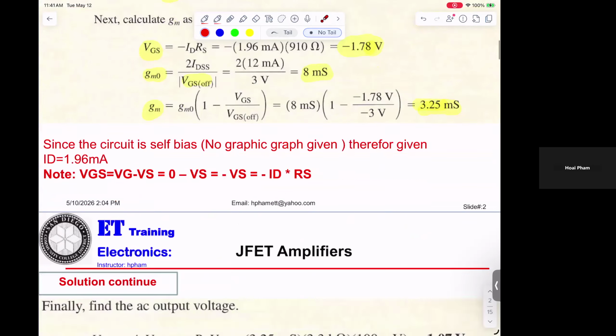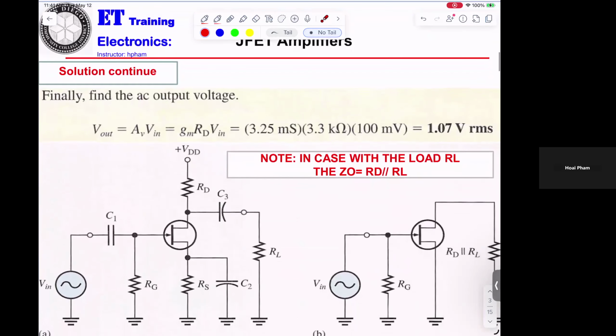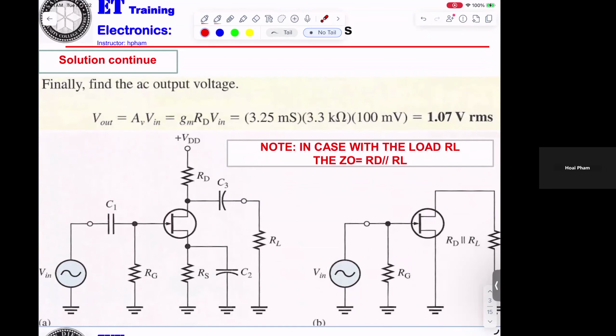Okay. Okay, finally, find the AC output voltage. Okay. They give you two pictures to make it more clear. When you work on AC, then the DC power supply must be grounded.